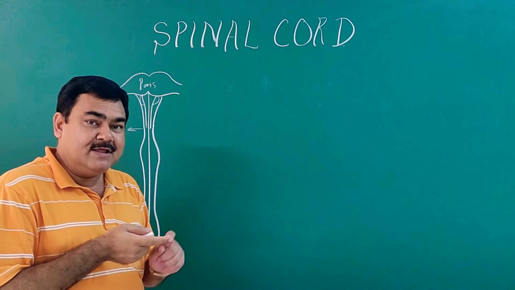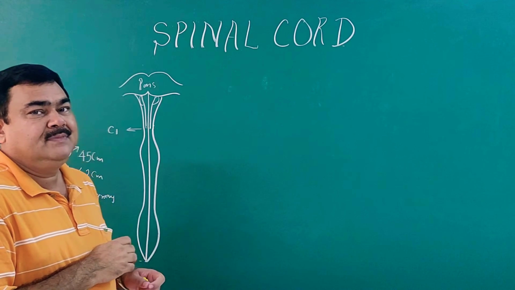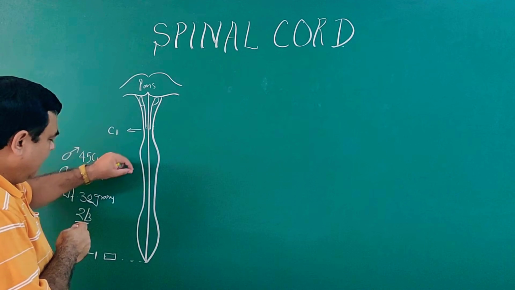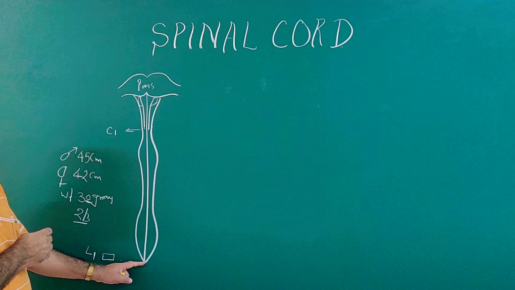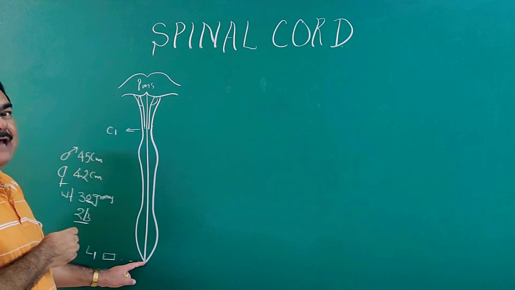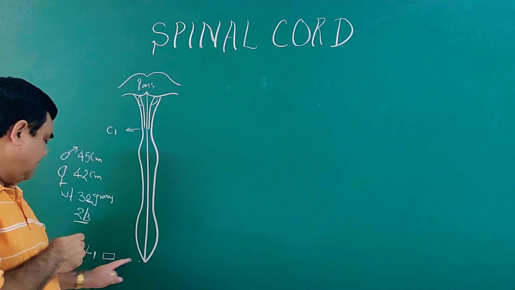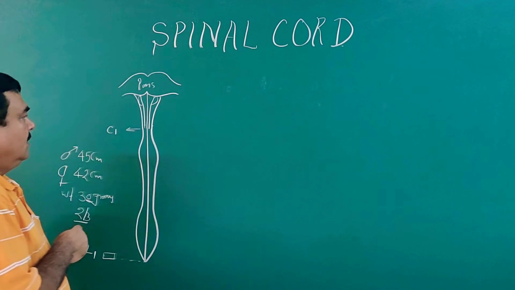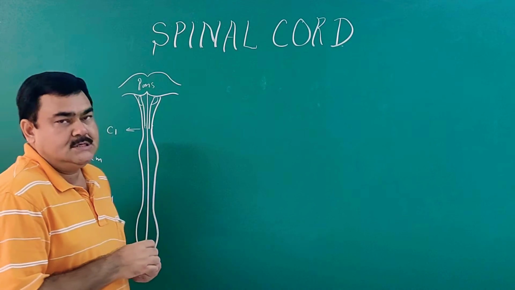But due to differential growth after this third month of intrauterine life, the level of the spinal cord reaches L3 at the time of birth, and during adult life it reaches L1. So this is the anterior view of the spinal cord.